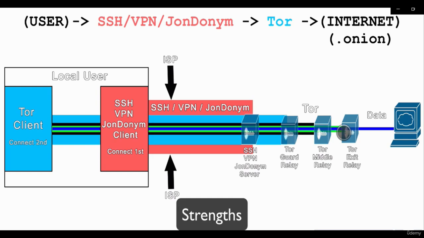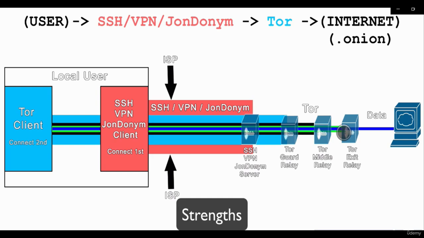Let's have an example, like if an attacker gains a Tor guard relay or passes a Tor middle relay and finally a Tor exit relay, and Tor stores activity of the local user by incoming SSH, VPN, JonDonym attack.